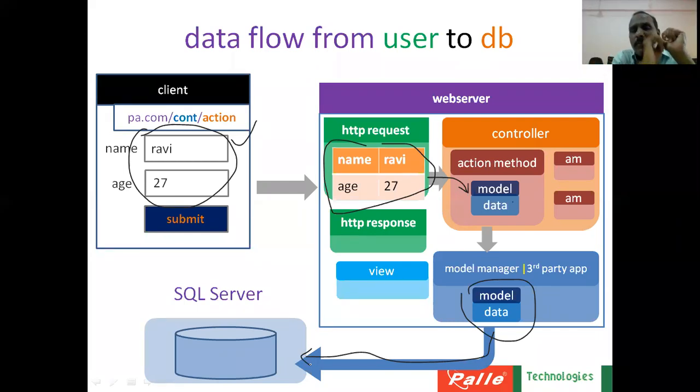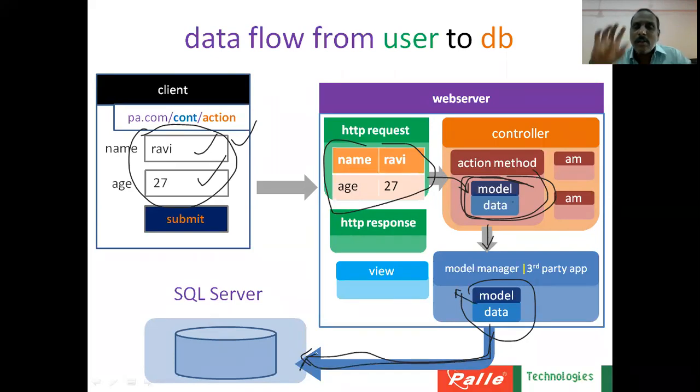If you observe carefully the previous diagram and this current diagram, it is all about filling the data into the model. Data may be coming from the database. That data you have to fill into the model and then send it to the view. Reverse, if the data is coming from the user in the browser, whatever data the user enters into the controls has to come into the model, and then you send that model data to the model manager, read it there, and insert that data into the database. Simple.